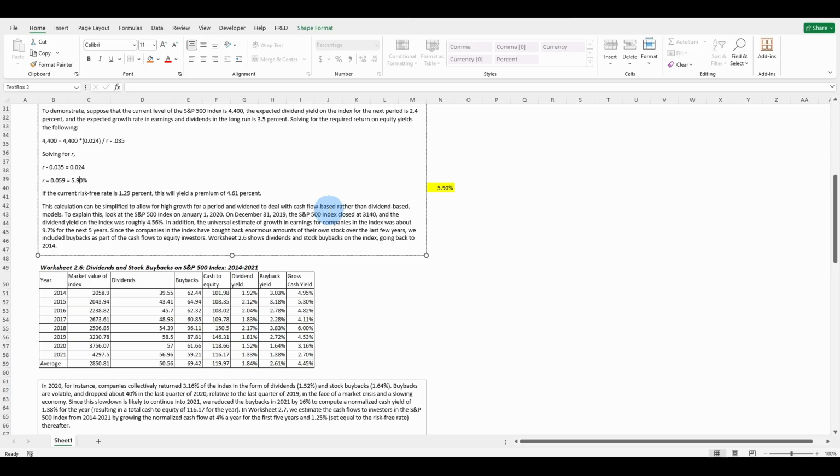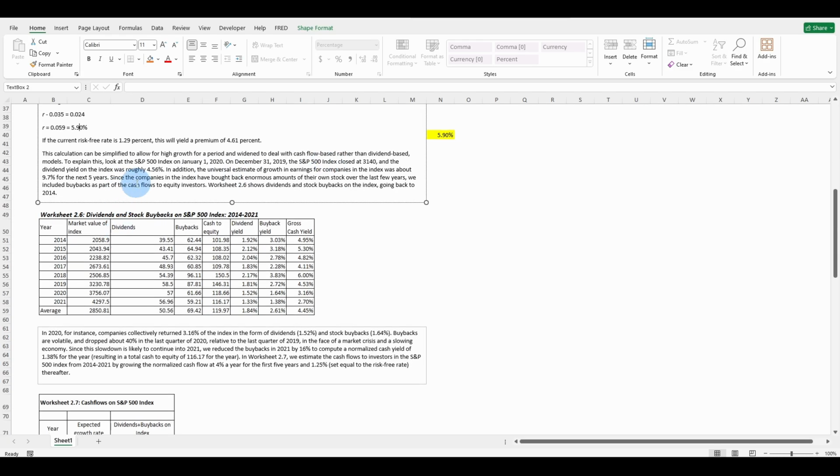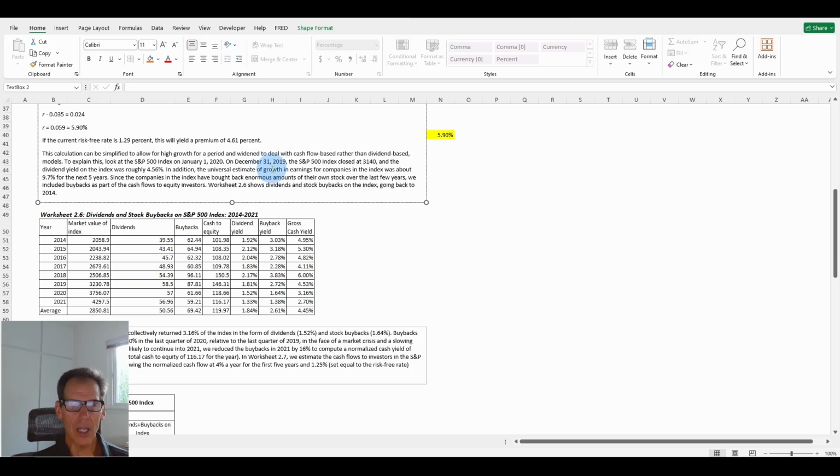This calculation can be simplified to allow for high growth for a period and widened to deal with cash flow based rather than dividend-based models. To explain this, look at the S&P 500 index on January 1st, 2020. On December 31st, 2019, the S&P 500 closed at 3140, and the dividend yield on the index was roughly 4.56%.